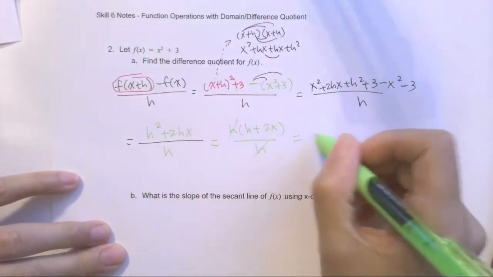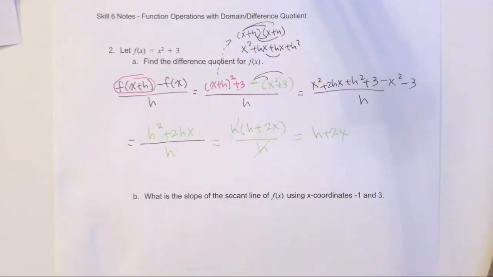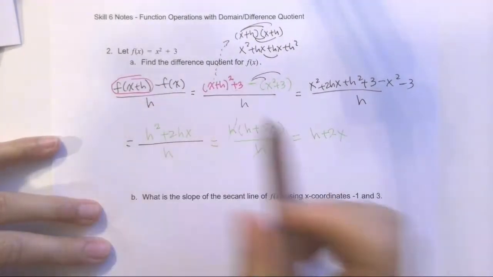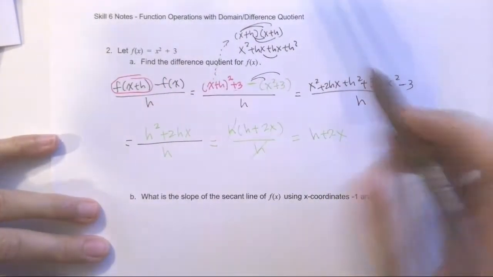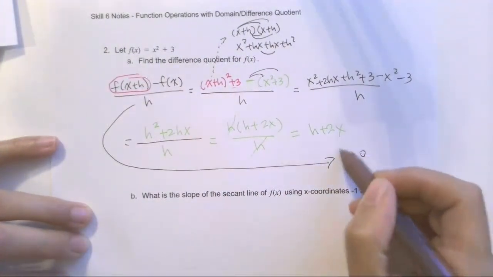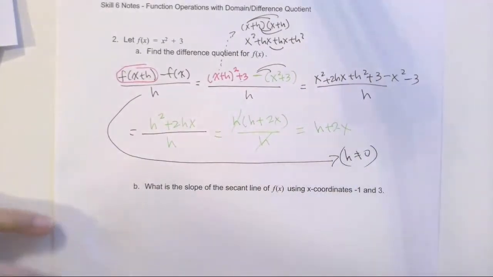Cancel h out to get the answer h plus 2x. Whew, how was that? That wasn't that bad. One thing you have to remember is that your denominator cannot be equal to 0, right? Since we're doing the quotient, don't forget to say h cannot be equal to 0. So the answer is h plus 2x, where h is not equal to 0.